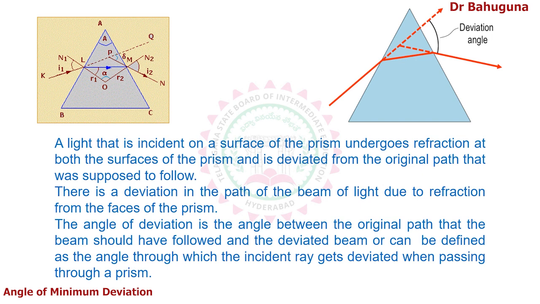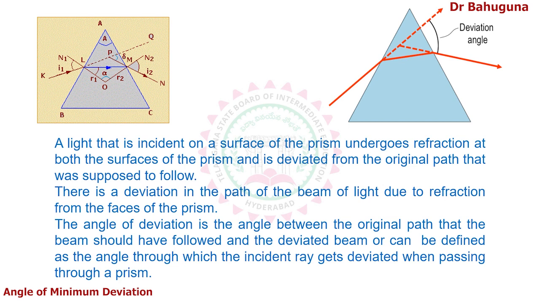prism. So if there is no prism, the light might have gone straight. In the figure you can see, because of the prism, it is taking refraction at two surfaces and finally emerging out. So the deviation of the incident ray from the actual path to the refracted path is called the angle of deviation.